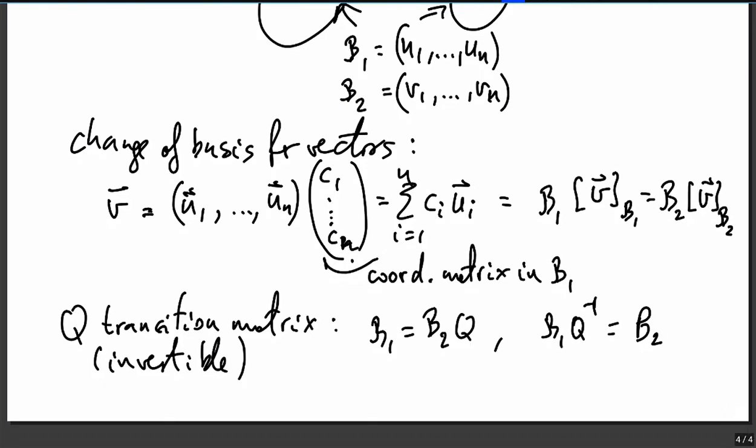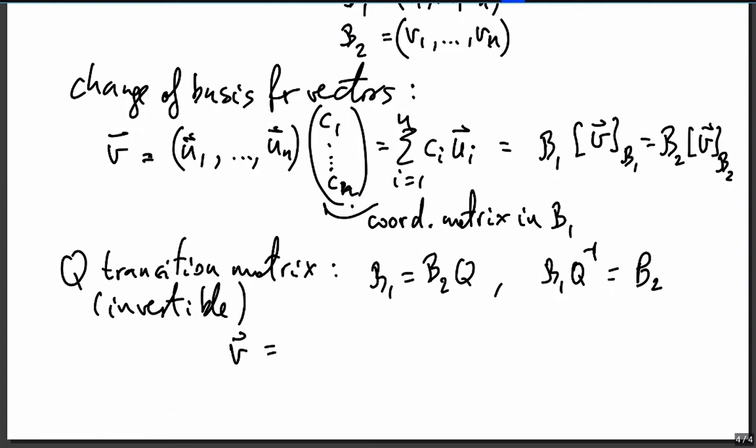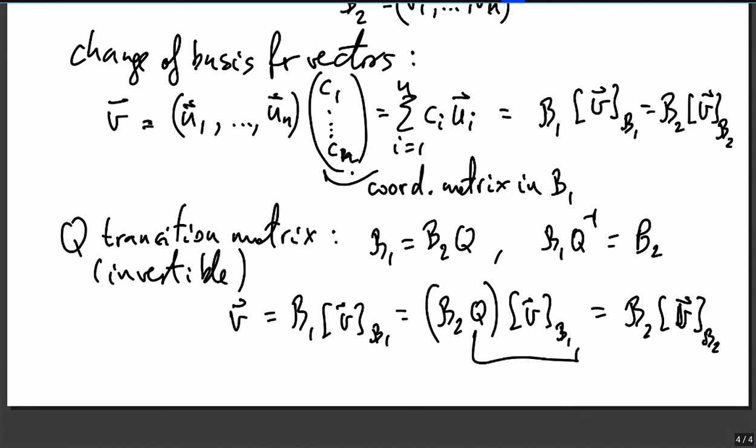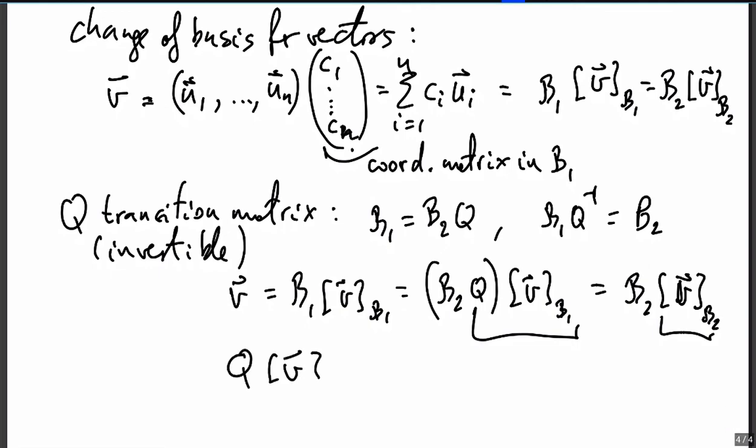And then what we had for the vector representation is that B1 times V_B1 can be written as B2 Q times V_B1, which was the same as B2 times V_B2. And then comparing these parts together, we also had before this that Q times V_B1, which means Q times the coordinate matrix in B1, equals the coordinate matrix in B2.